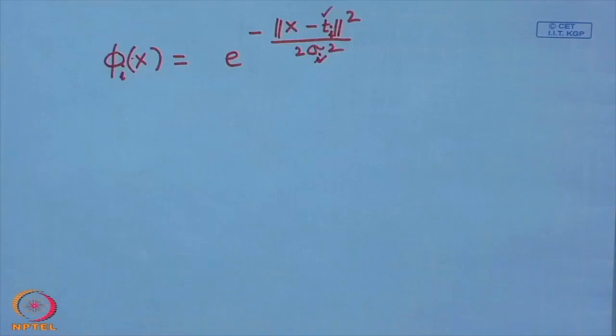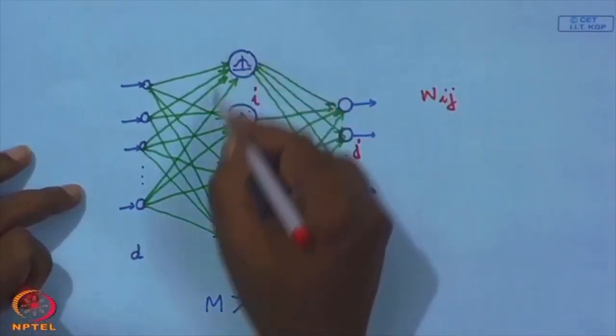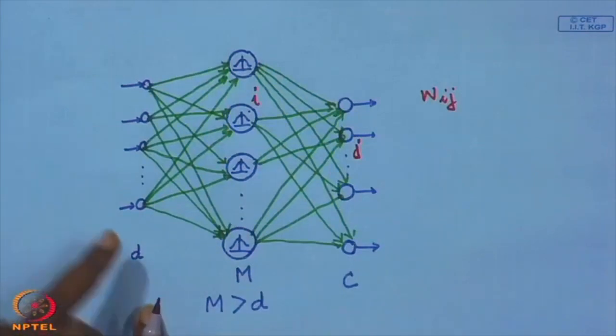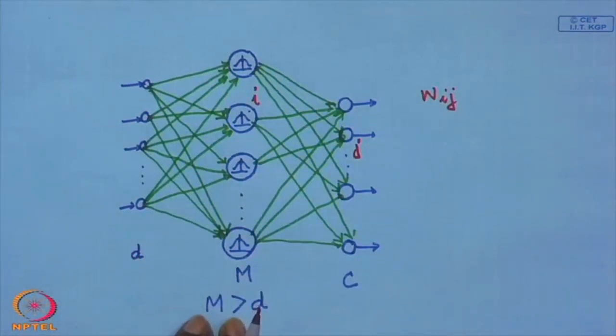And the second level of learning is, once through these radial basis functions a d-dimensional feature vector is projected onto an m-dimensional feature vector. So, basically we are increasing the dimensionality of the feature vector.